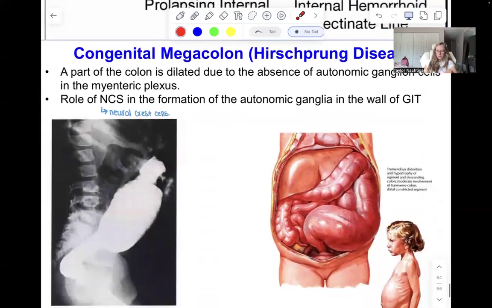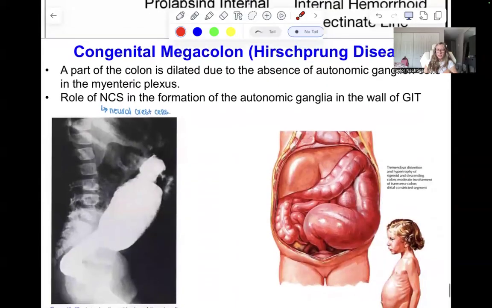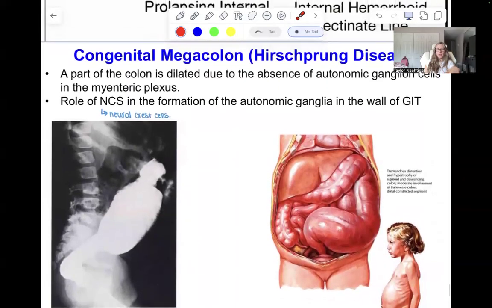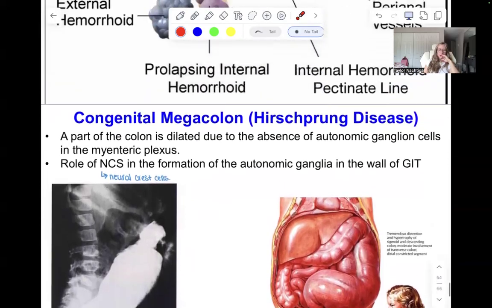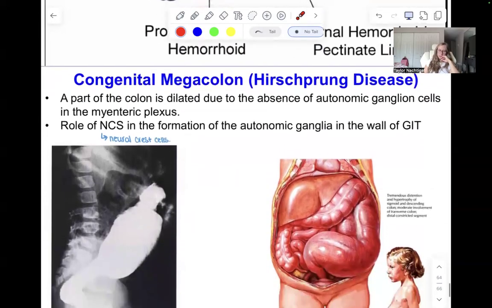Okay, we have a potential pathology coming from embryo development. Because the colon is supplied by the autonomic nervous system, if we have a failure of these autonomic ganglion cells to develop in the myenteric plexus, we'll get a sensory feedback error.